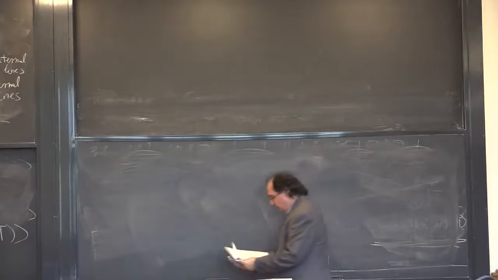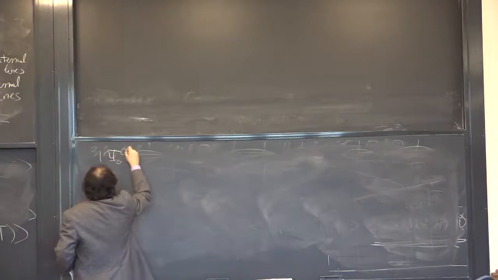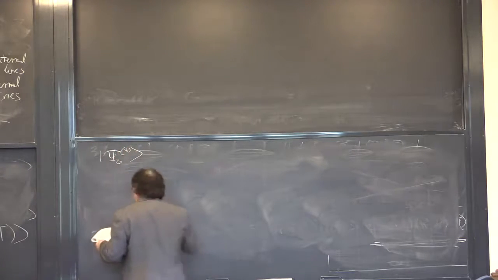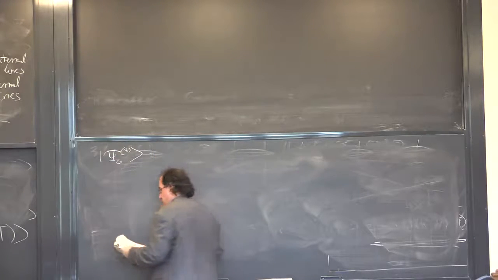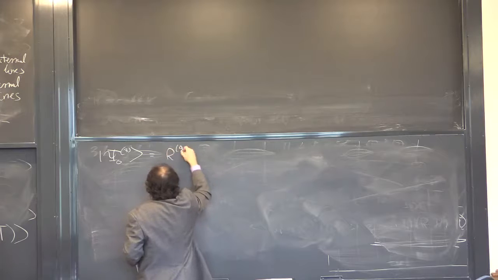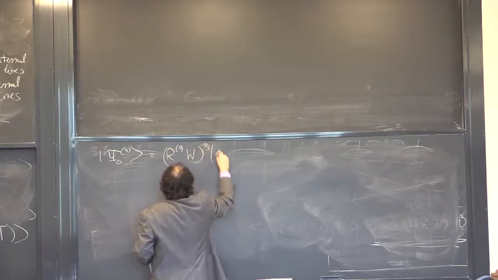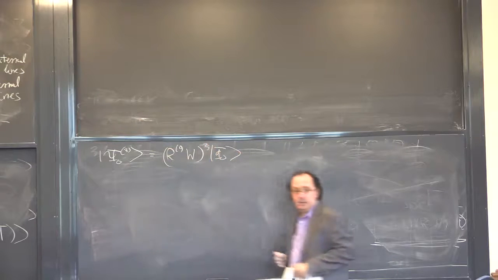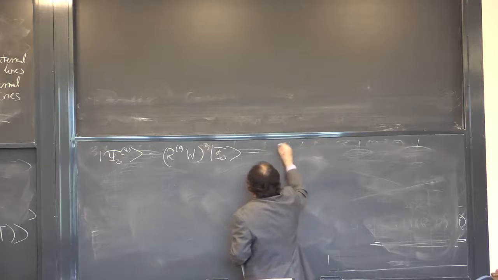Well, then we have to go to third order. So I guess what is then third order? Okay, in third order you have R0 W cubed acting on phi0. That's the principal term. And then we have the renormalization term here.